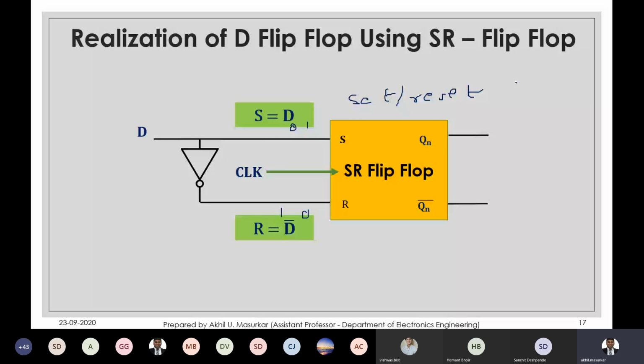So what I want you to do for this week is that in yesterday's lab we have generated the symbols of D, SR, JK and T. So you can also generate the symbol for SR also, no problem. And you have already designed the hardwares.